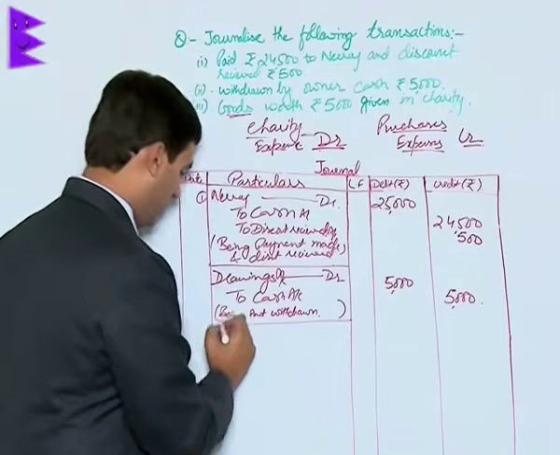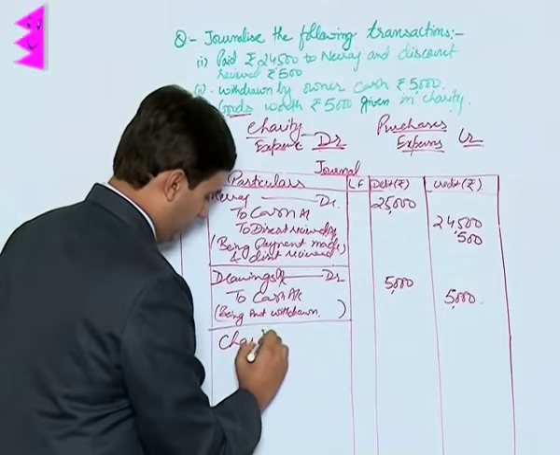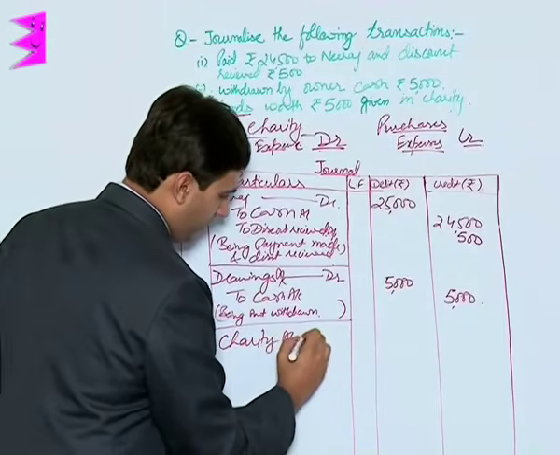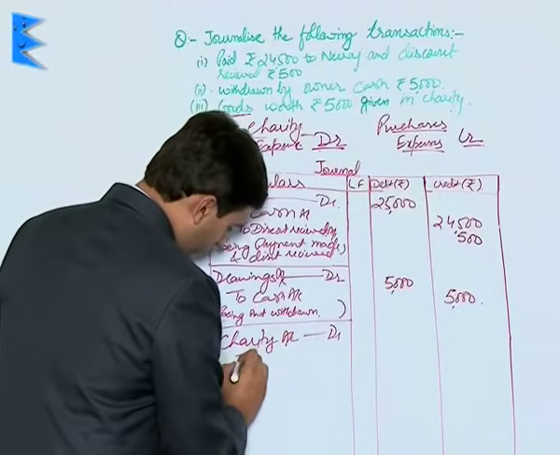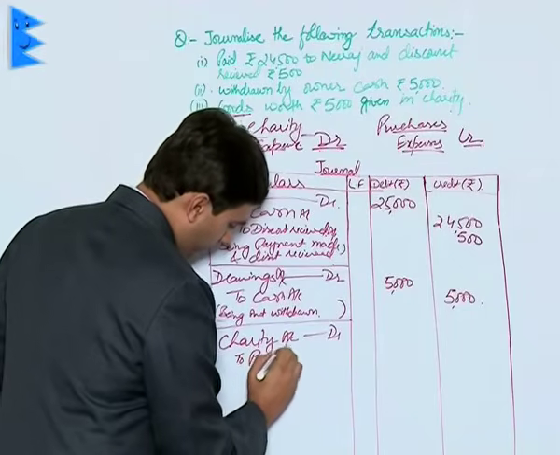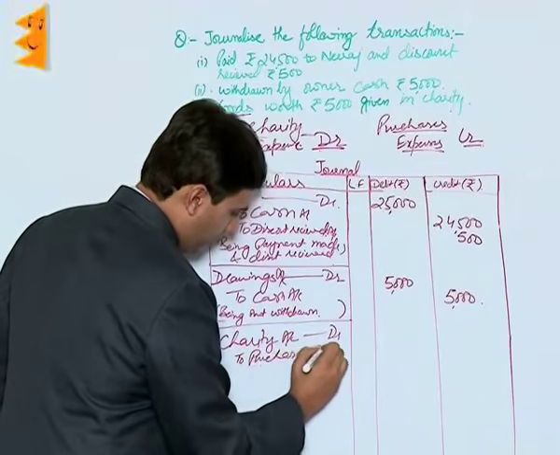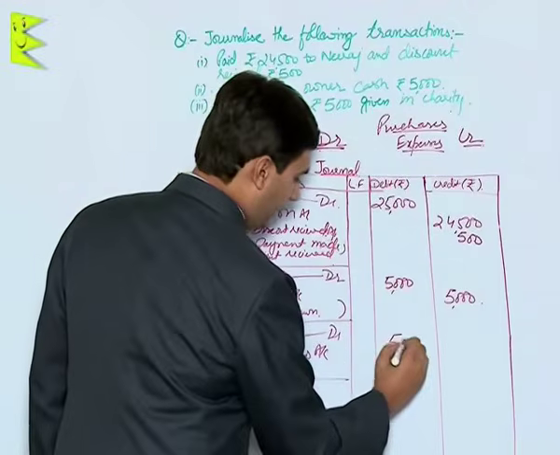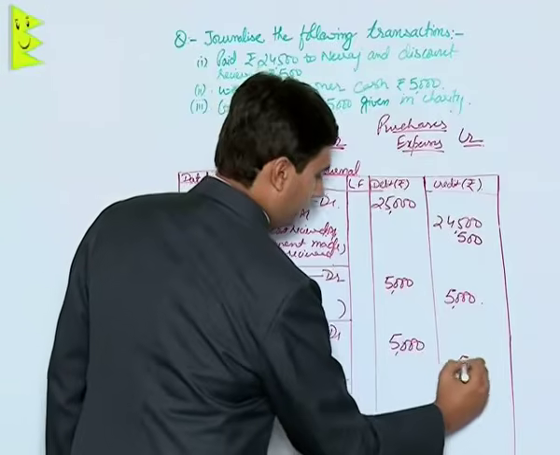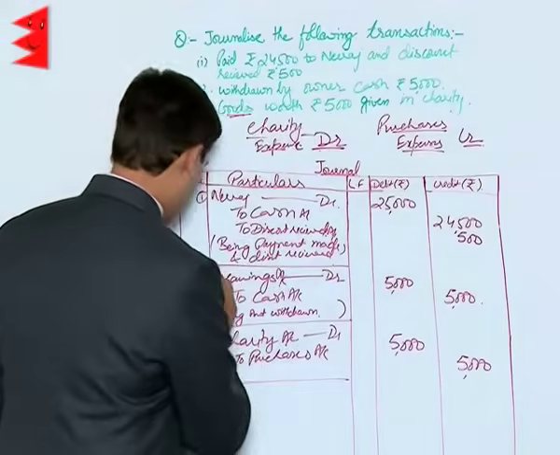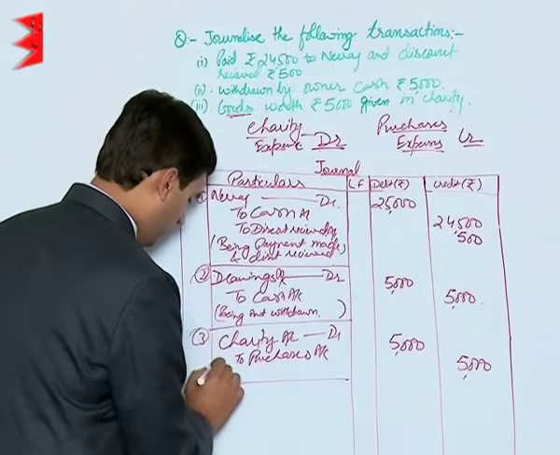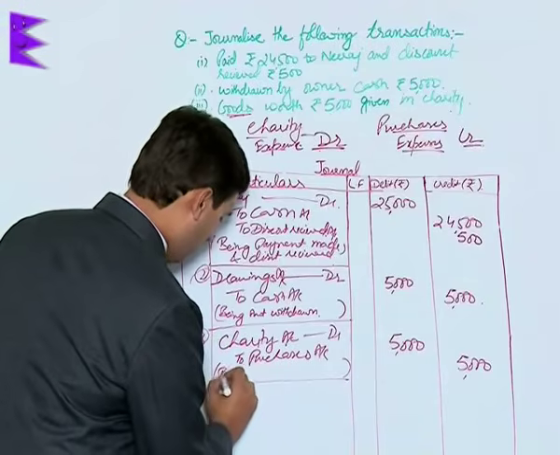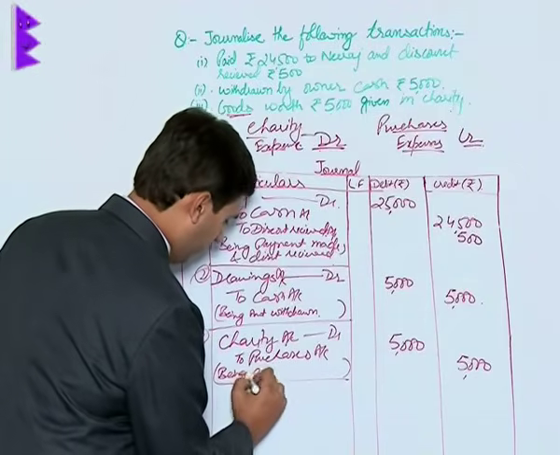So the entry would appear as charity account debited to purchases account and the amount would be 5,000. This is transaction number 3. Narration would be being goods given in charity.